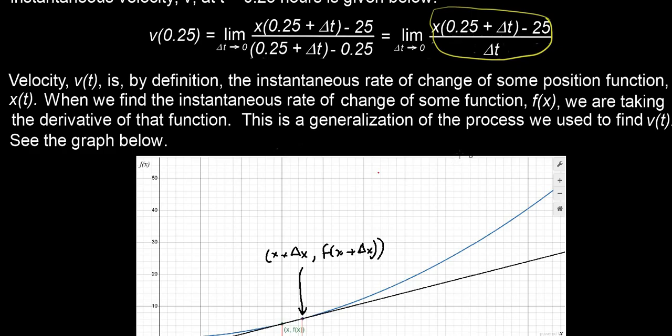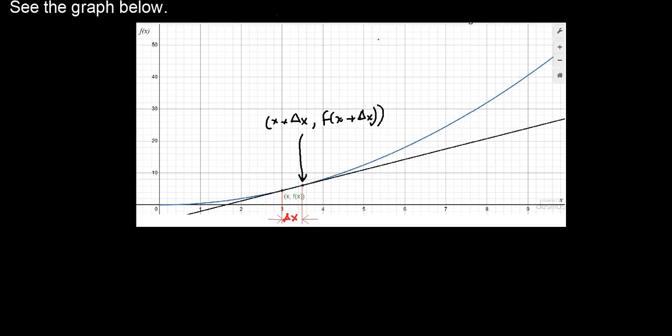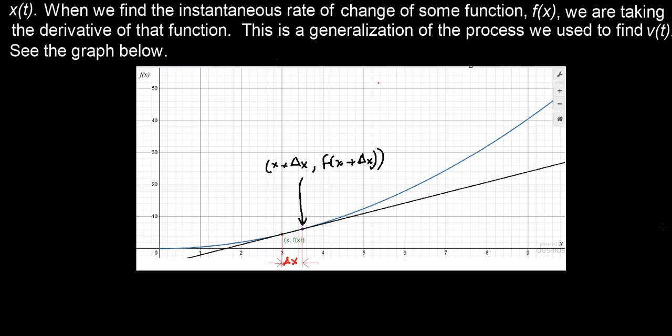Can we take the rate of change of some function f at some value x, that instantaneous rate of change right there? Well, if we can, we would do it in a similar way to how we approached instantaneous velocity. We would find the average rate of change of the position function, and then we would take that average rate of change as the change in x, what I'm calling delta x here, goes to 0.